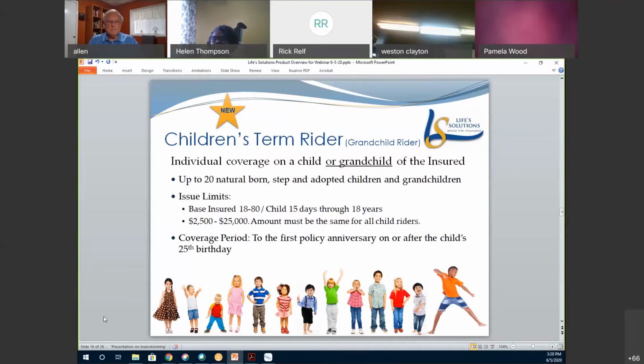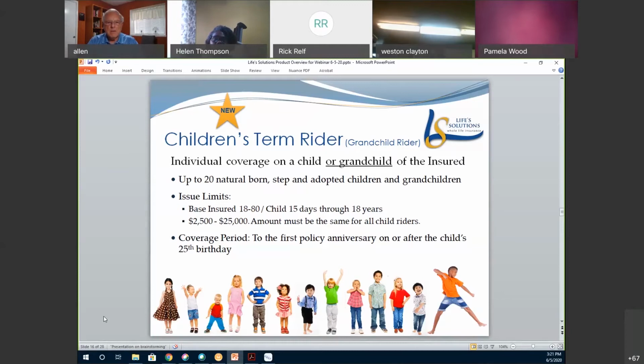This policy protects my grandbabies. We see this a lot in our final expense market, and we're starting to see the same thing here with this product. It's a great way to insulate that policy. It's a great way to keep you in that home where there's future opportunity, perhaps to sell additional coverage to this insured or other insureds. So let's talk a little bit about the rider itself.